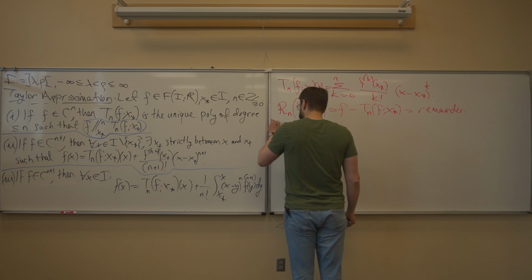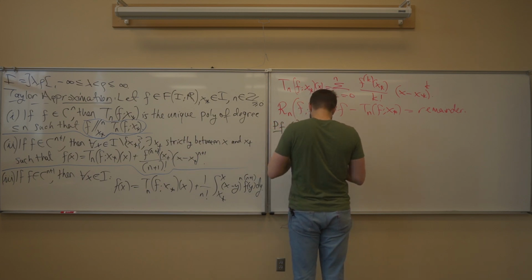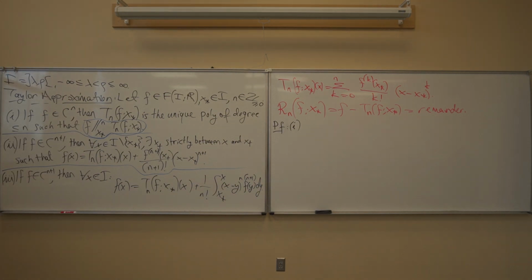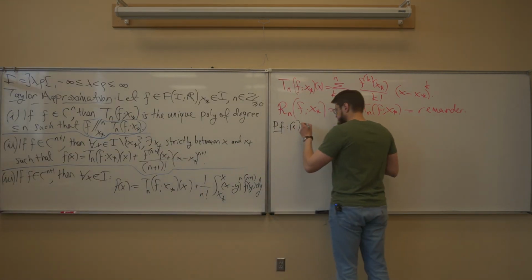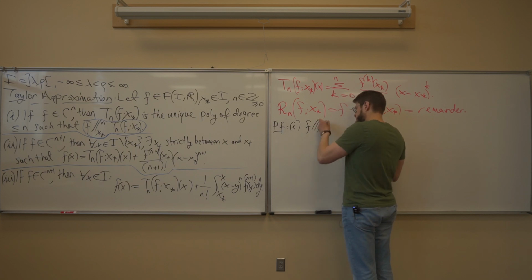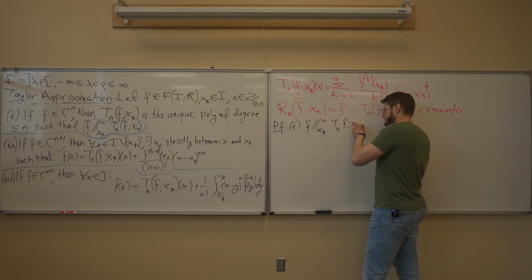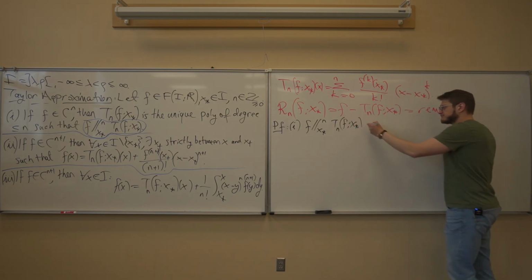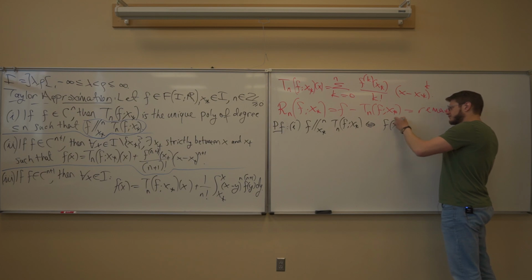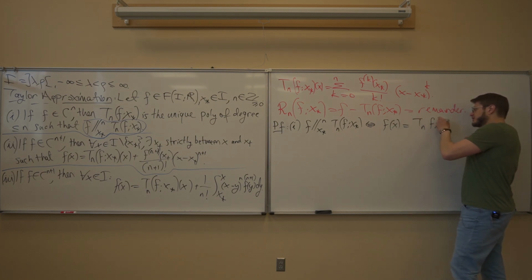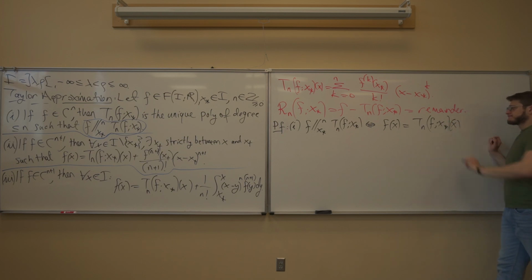So this means that f of x equals the Taylor polynomial plus little o of x minus x star, this distance between the base point and the point at which you're comparing these two functions, raised to the power n, and little o as x approaches x star. This is what this means.